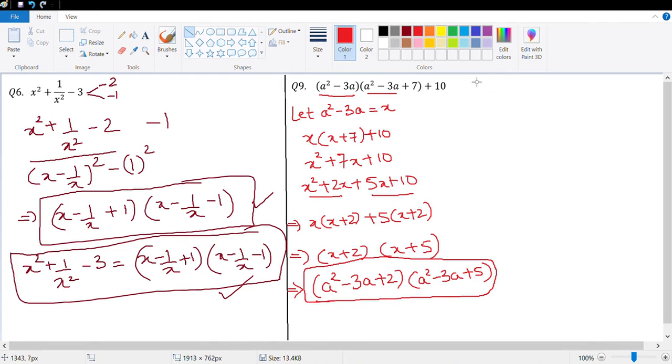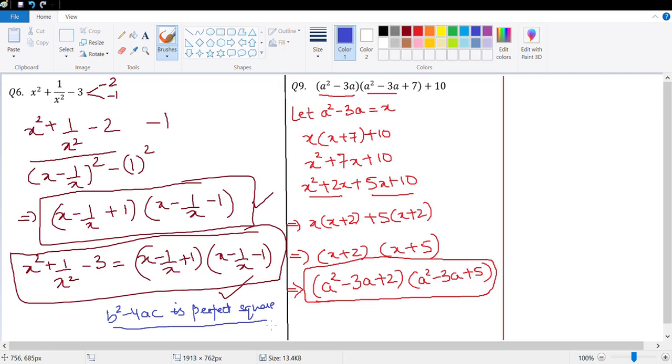Here, we should figure out if this quadratic expression is further factorizable. So let's check. I hope you remember the method. If b square minus 4ac in a quadratic expression is a perfect square, then we can factorize the quadratic expression further. So you can use the formula or you could try and do it directly.